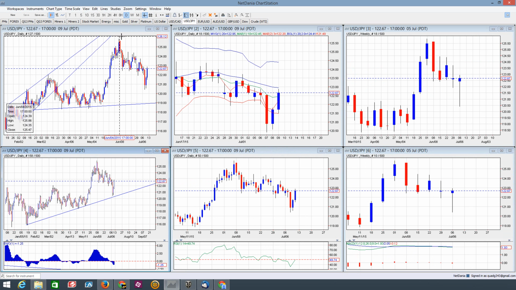I'll go ahead and paint that for you. So as you can see, we've got 1, 2, 3, and now possibly a fourth test here, which suggests that there's an increased probability of a potential rule of 4 breakout to the upside.